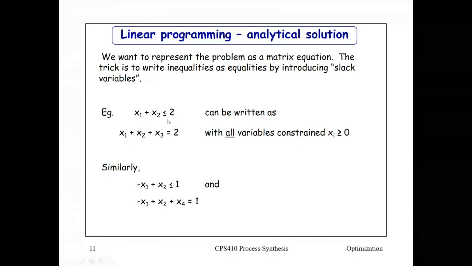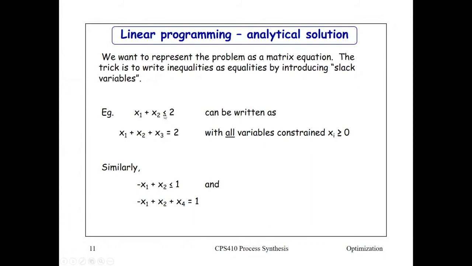So that is valid. But we don't want to work with inequalities. We want to work with equalities. So we just put in a new variable so that it takes up the slack. If there's 1.5 over here, there's still a half that can be taken up in production rate.